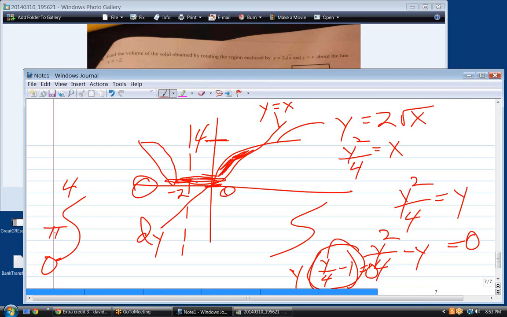The area of each disk is pi times big R squared minus little r squared. What's big R squared? It would be just y equals x, or x equals y. There's big R squared, y squared. Remember, we have to have a function of y. Minus, there's the curved part, so y squared over 4 squared.